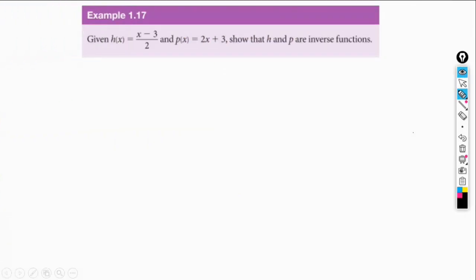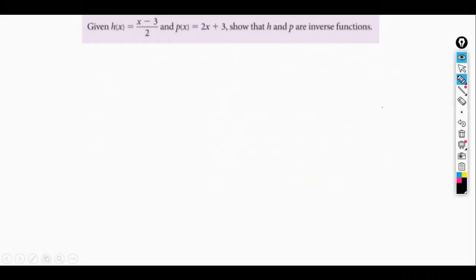So now let's take a look at example 1.17. They give us two functions, and they want us to show that these functions h and p are inverse functions. So that means that we have to do the composition of each other, right? So first let's start with h of p of x. And this is going to equal plugging in this function inside here, right?